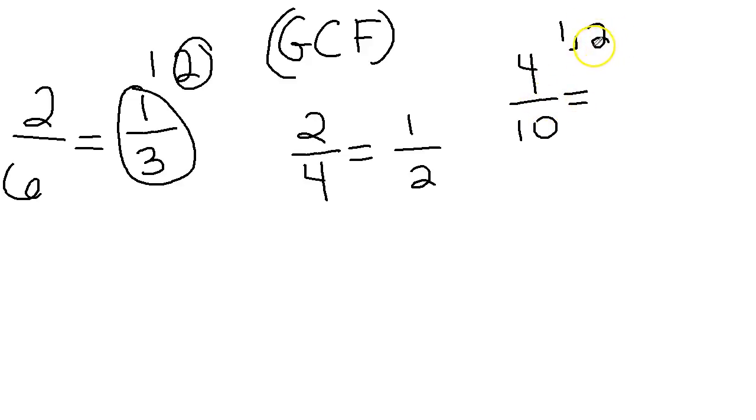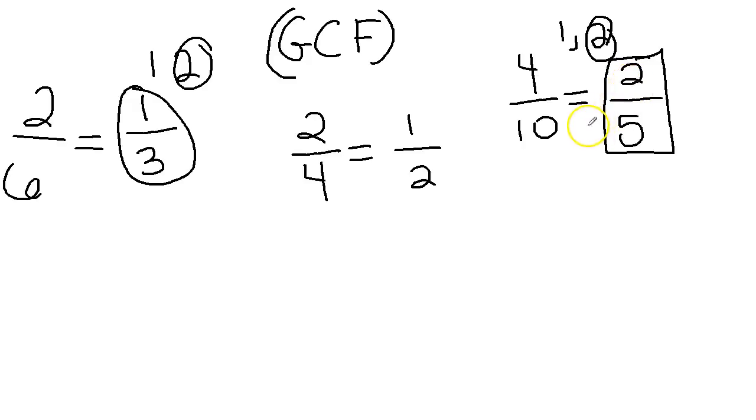We can go into 2 and use that as the greatest common factor. 2 goes into 4 2 times, and 2 divides into 10 how many times? 5 times. And that is how we simplify and reduce a fraction using a greatest common factor. Let's try again so we won't be confused, right?